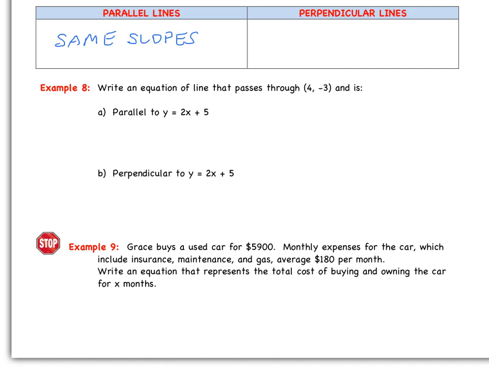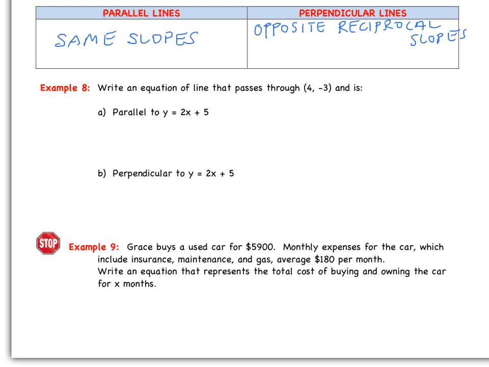Also, what about perpendicular lines and their slopes? Well, we should remember that perpendicular lines have opposite reciprocal slopes. Opposite meaning one's positive, the other's negative.